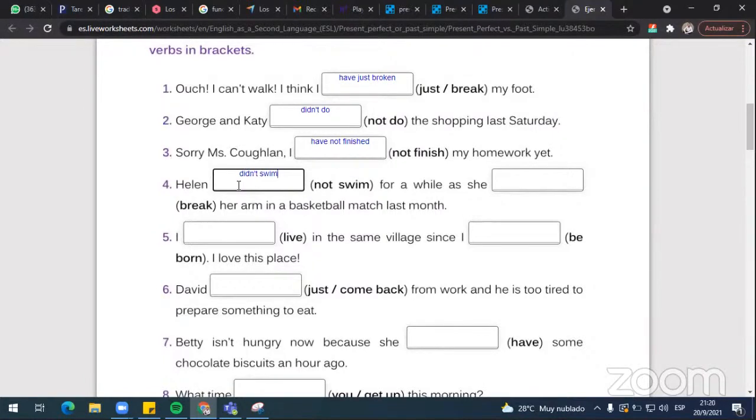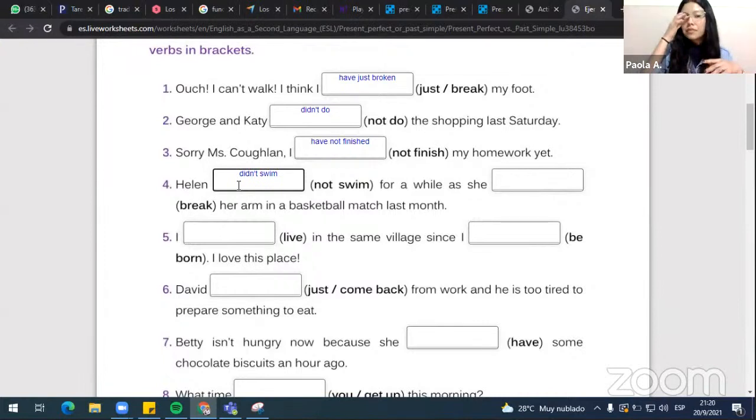We're seeing the result now, but it's not over. It's an activity that we're seeing the result now, but it could continue later on. So I will say present perfect. What do you think? Okay.